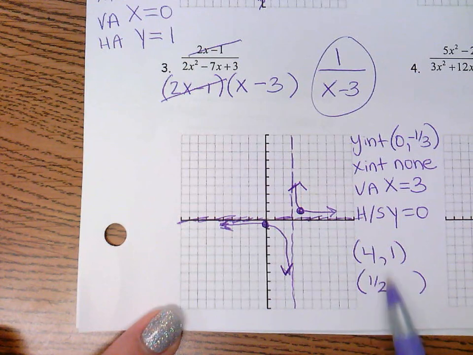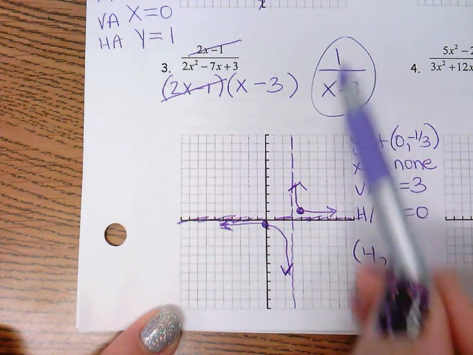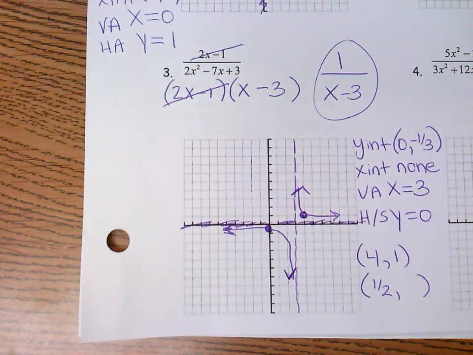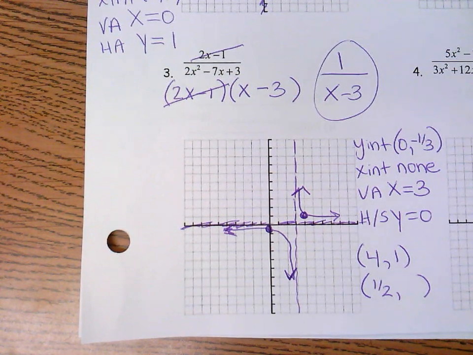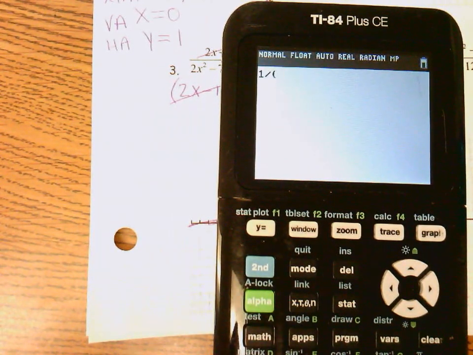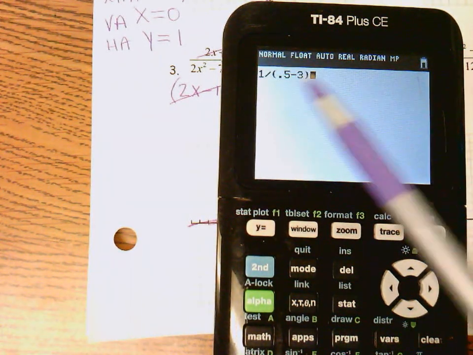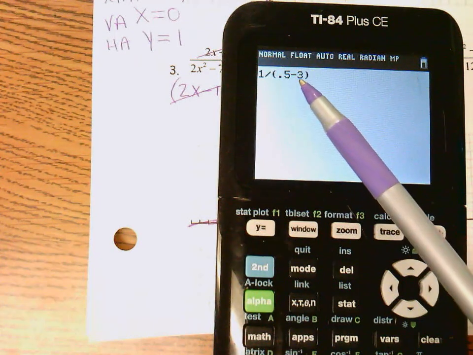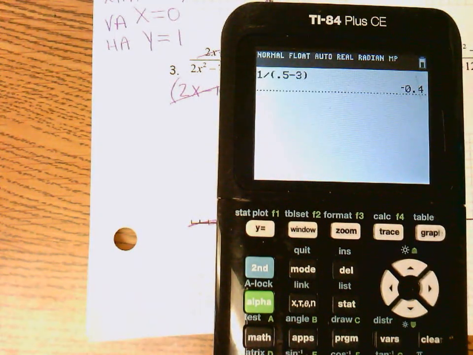I'm going to take 1/2 and plug it in up here into this function. So you might need a calculator for that. I'm going to take 1 and divide by 1/2 minus 3, right? Because I'm plugging in half for x. Subtracting 3, it's in the denominator, so I put it in parentheses. Negative 0.4.